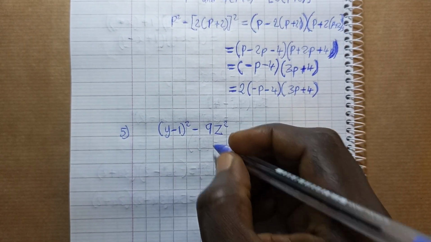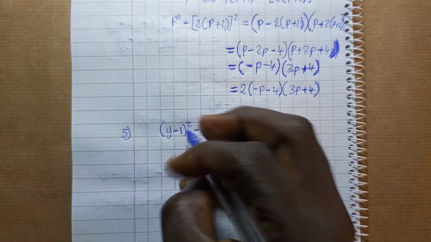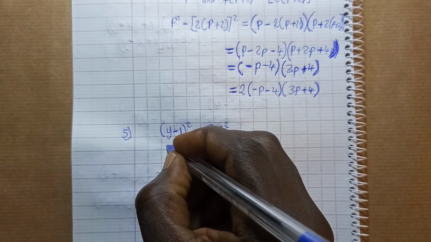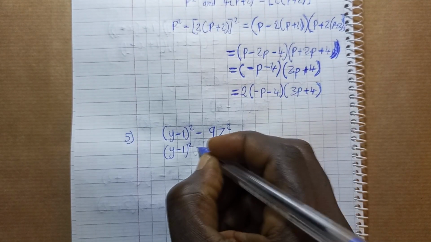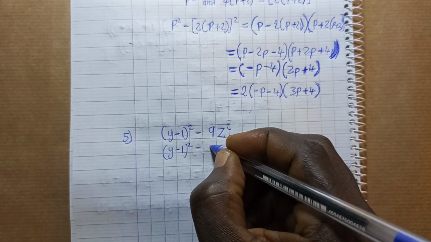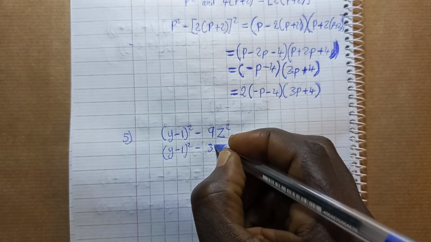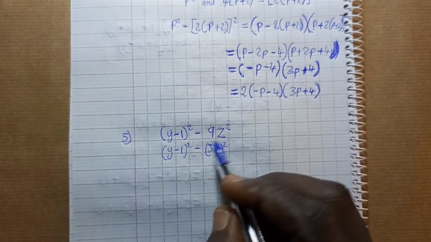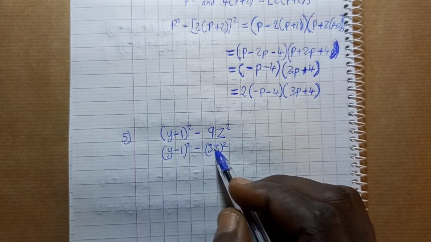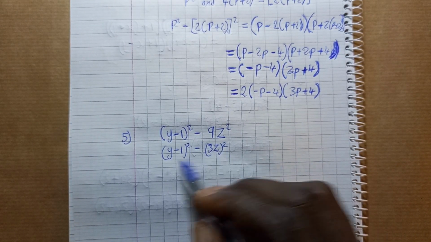So this expression can be rewritten as (y minus 1) square minus (3z) square. So now we have the expression in difference of two squares.